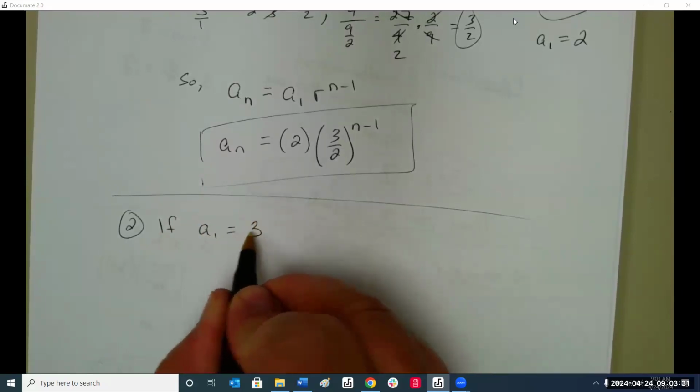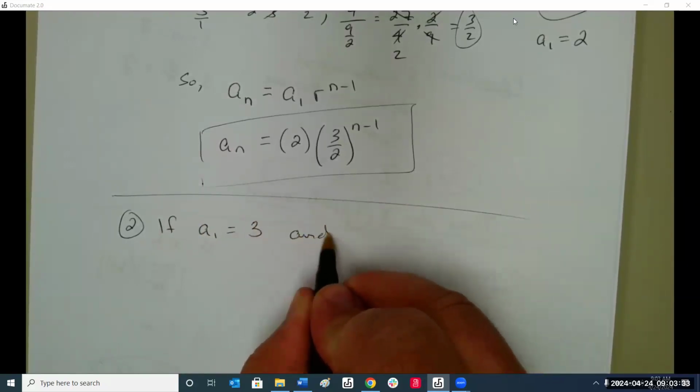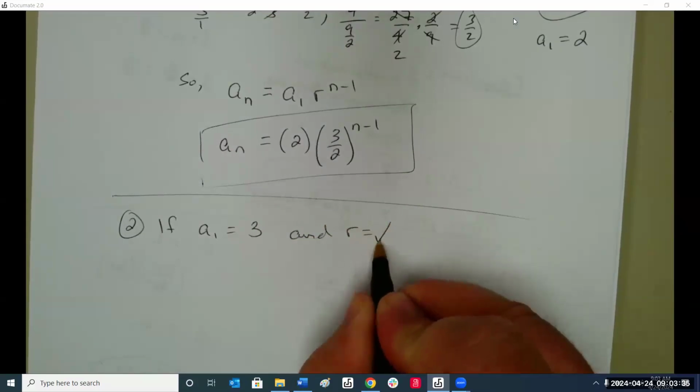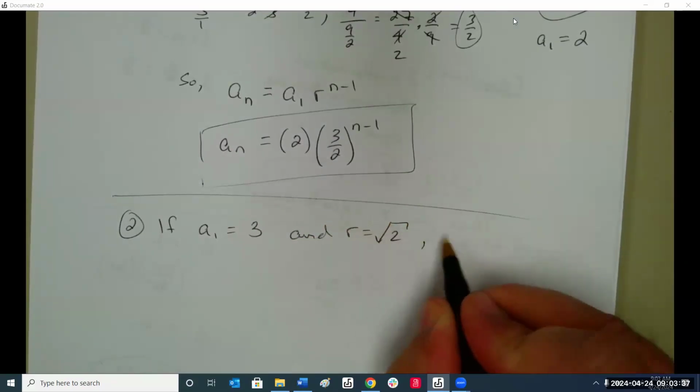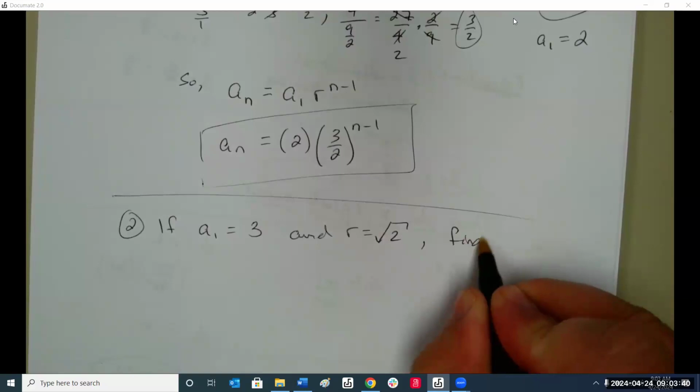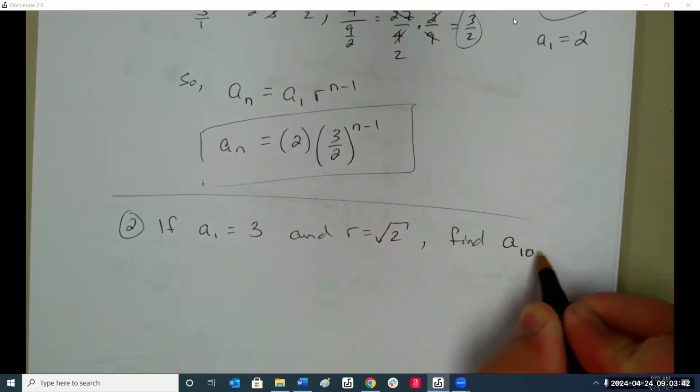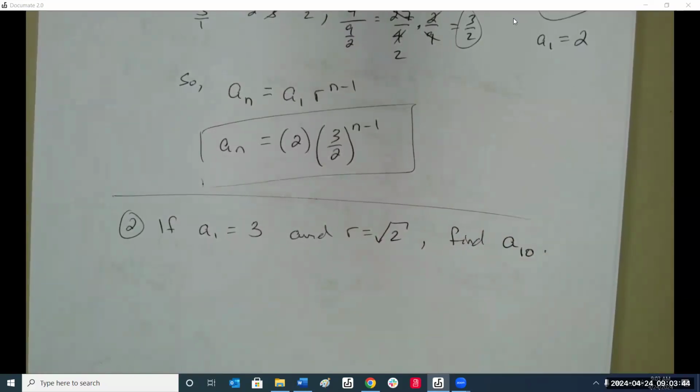If the first term is 3 and r equals square root of 2, find the 10th term.